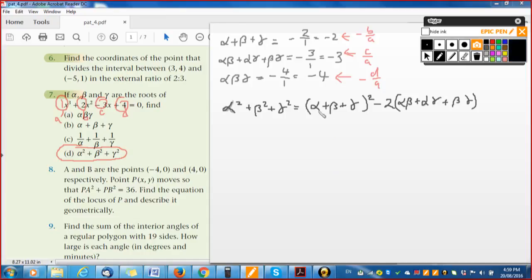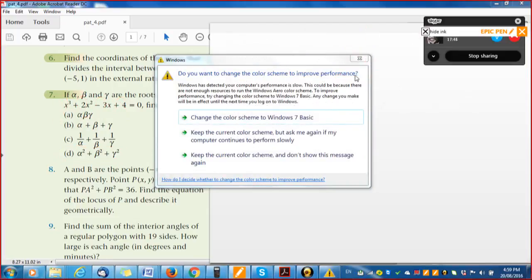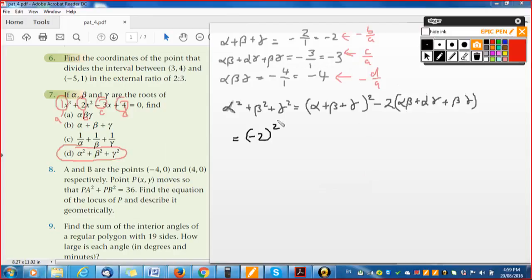So now, what's alpha plus beta plus gamma? Minus 2. So that's actually equal to minus 2 squared. Does that make sense? So that corresponds with that.